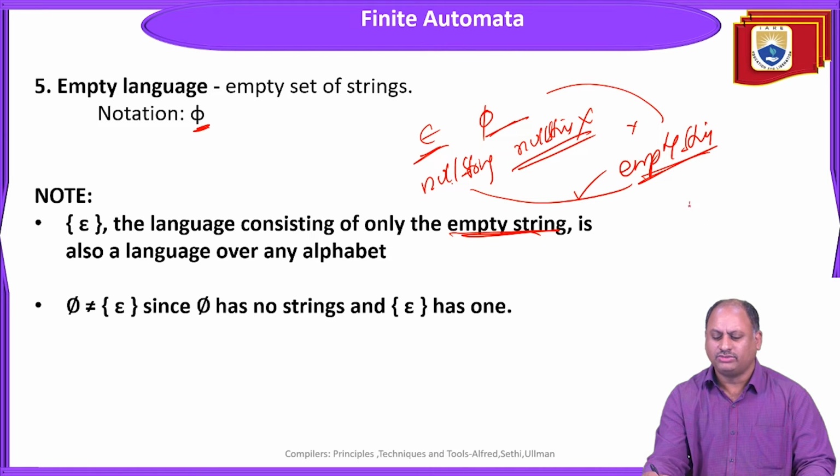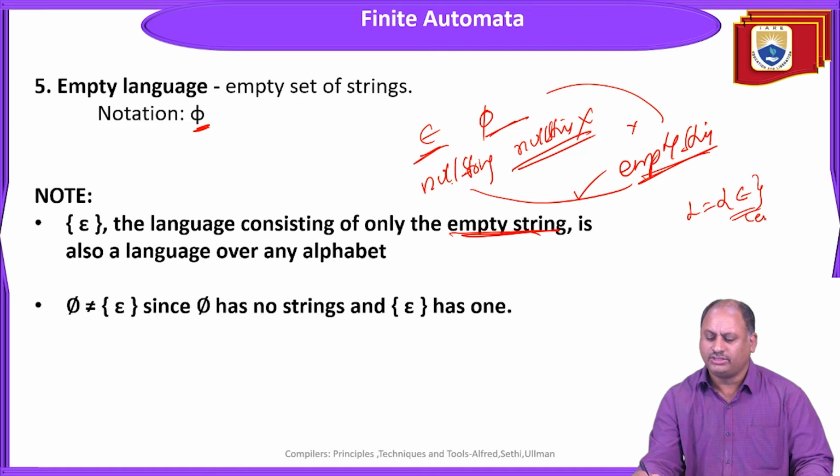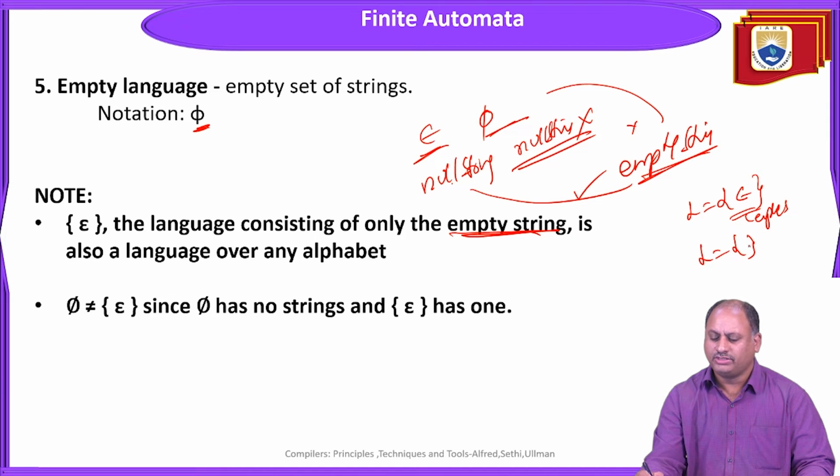So the language which is defined with the empty string, epsilon, contains the empty string. Whereas another language is defined with empty brackets, and in this case the empty string is also not available. So how many strings are there in a language?